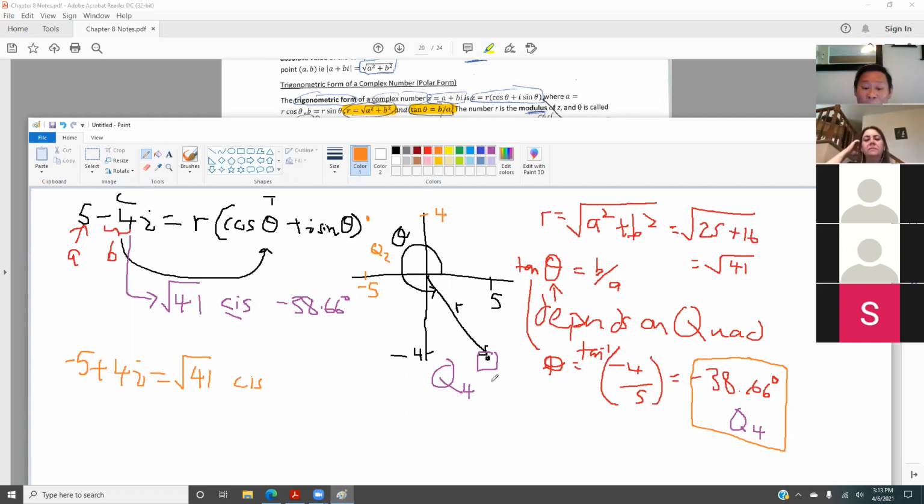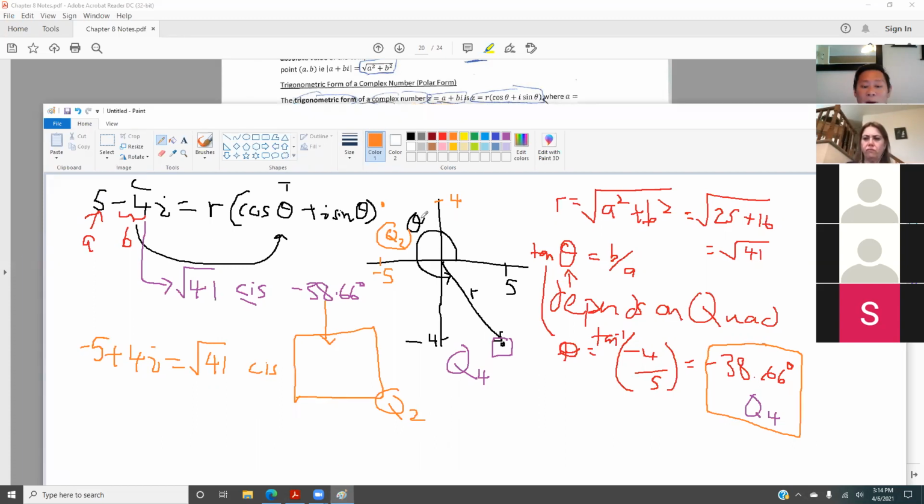But unfortunately, this is in quadrant 4. So can someone convert negative 38.66 from quadrant 4 to quadrant 2? Anyone know how to convert 4 to 2?